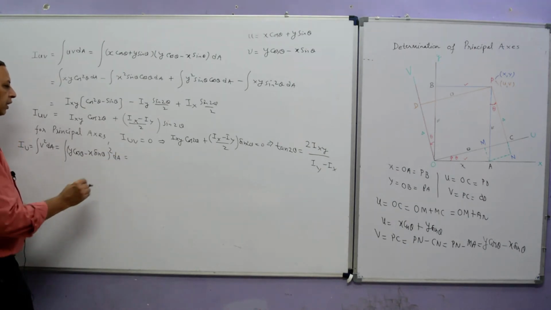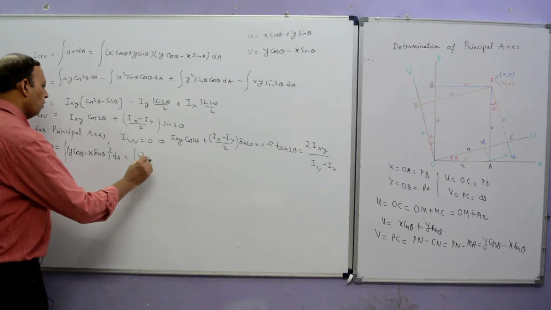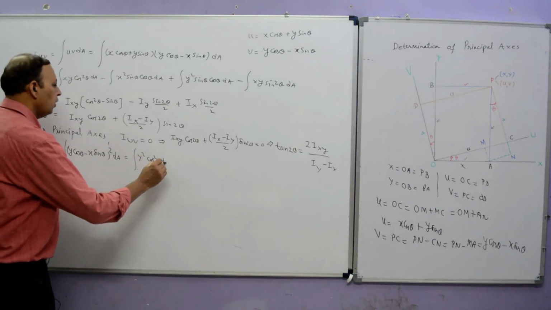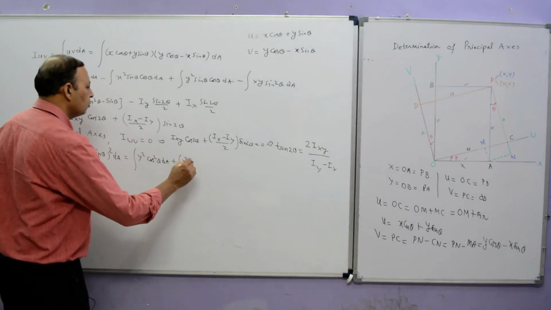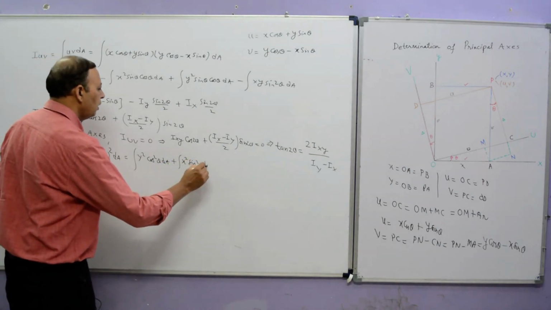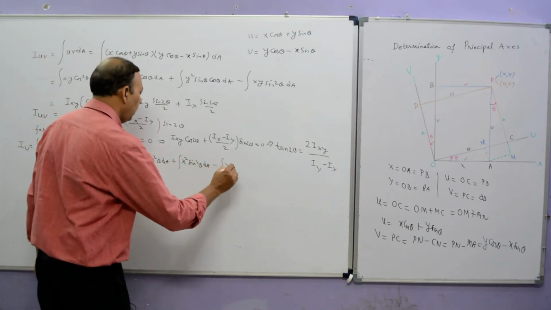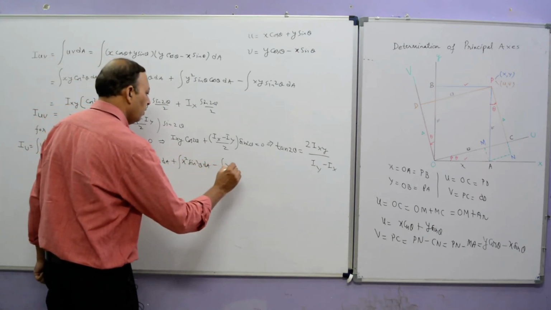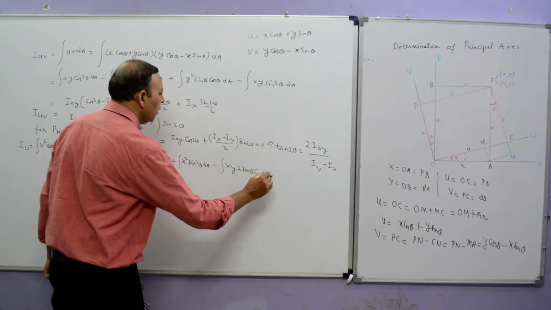This can be written as y square cos square theta dA plus x square sin square theta dA minus xy 2 sin theta cos theta dA.